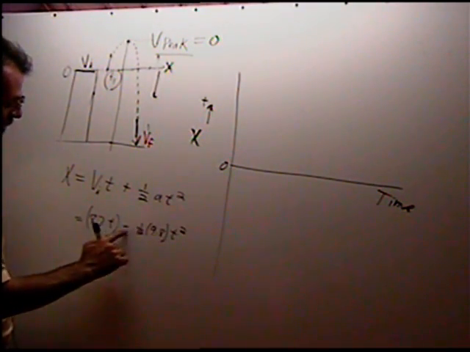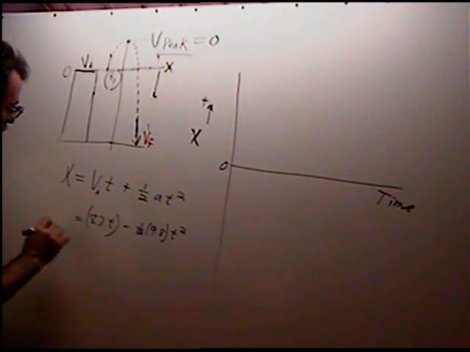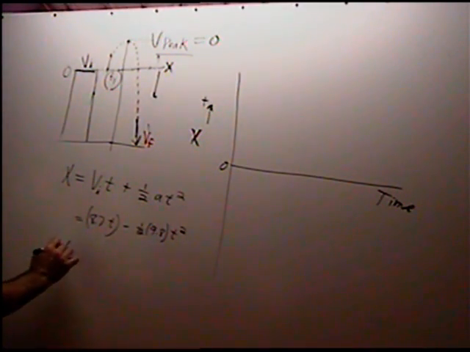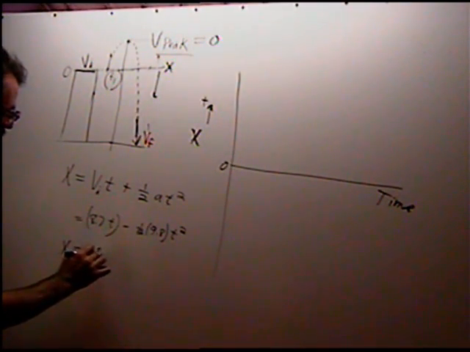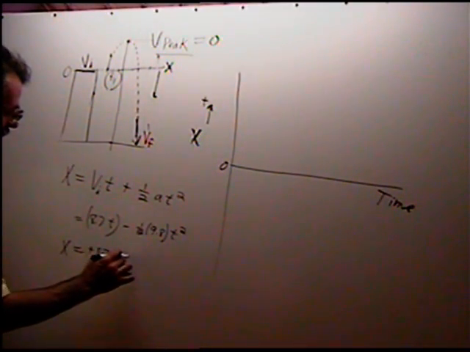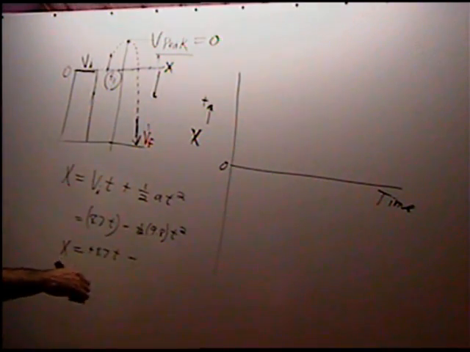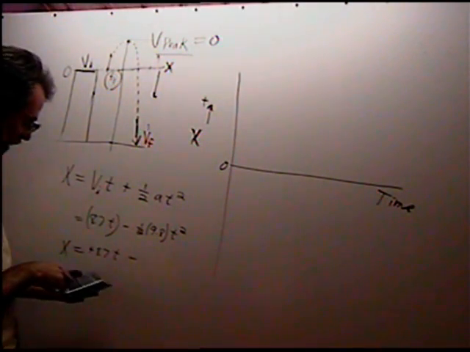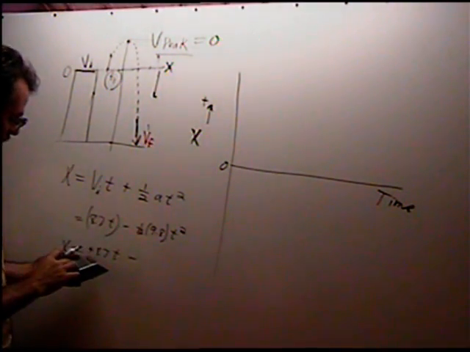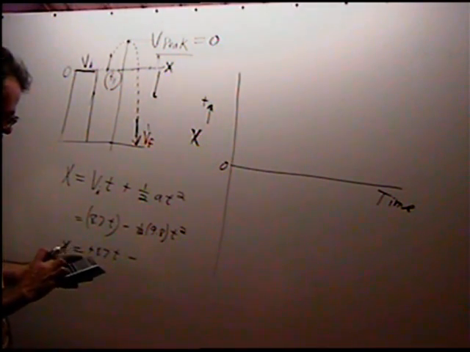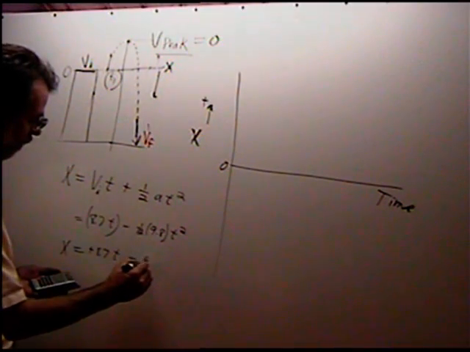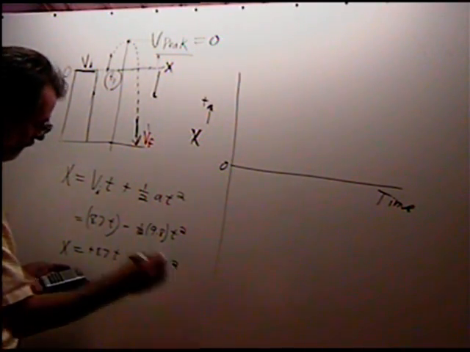I put the minus in here because I want you to see that what we have here is a parabola: plus 8.7 t minus 9.8 divided by 2, which is 4.9 t squared.